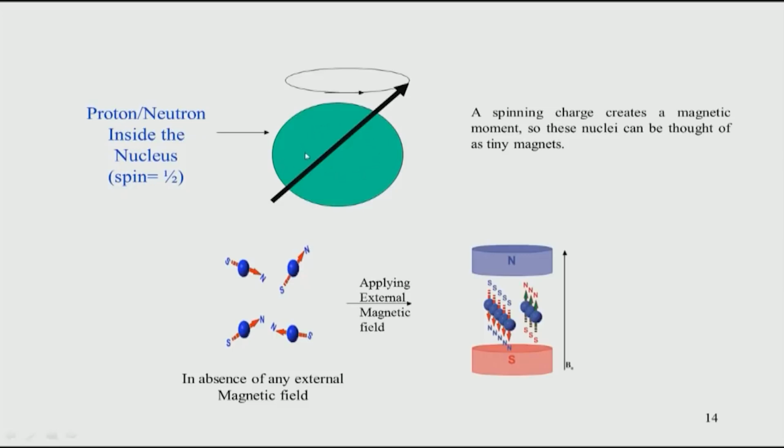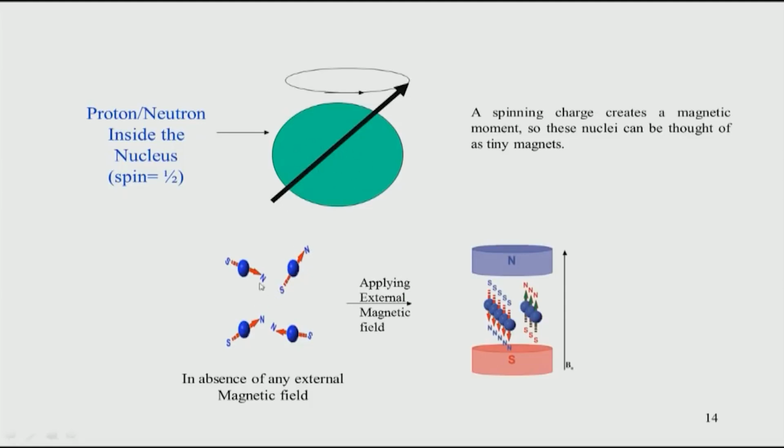Now it has a magnetic dipole associated with every nucleus. Every nucleus which has a charge and spin is now a small magnet. We can associate with the magnet what is called a magnetic dipole, similar to the magnets you see in day to day life, where we call it north pole and south pole. So, we associate a magnetic dipole moment with every nucleus.